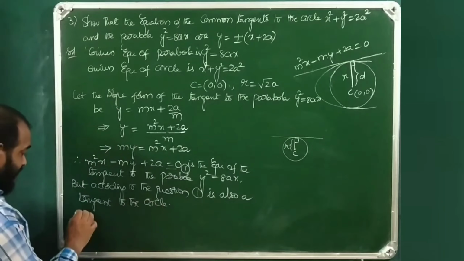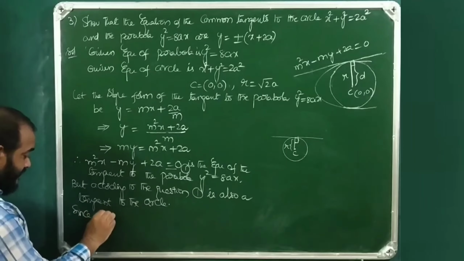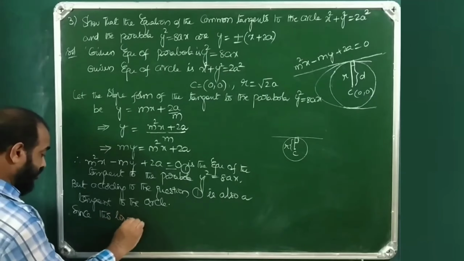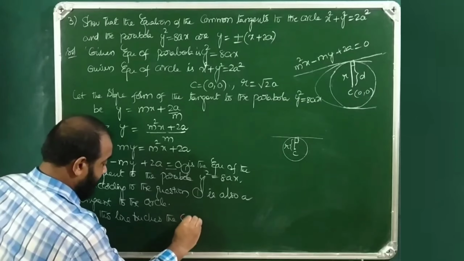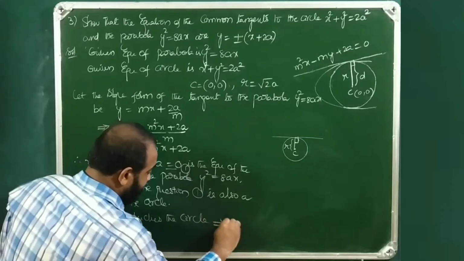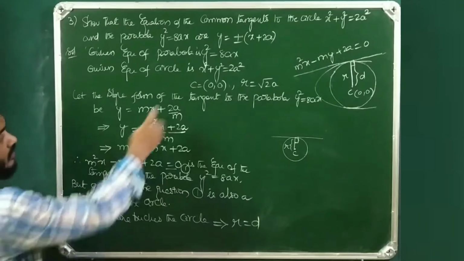So since this line touches the circle implies R equals to D is the condition. What is the radius of this circle?